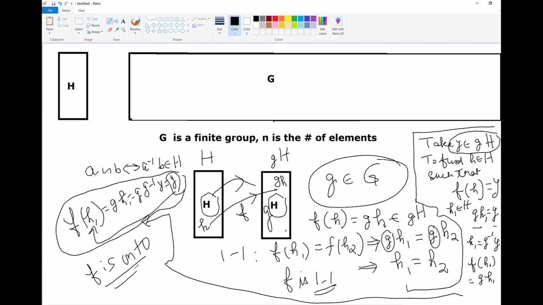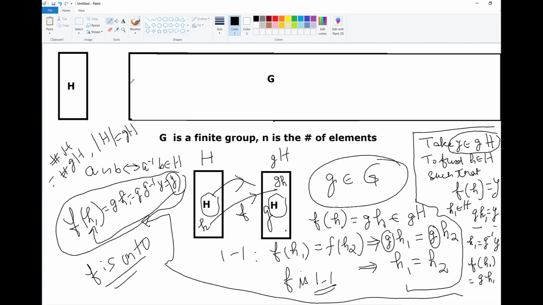Okay, so what we have is that we can see that number of elements in H is equal to number of elements in gH, and as a notation we will express it by this. All right, so this is what we saw, that any two left cosets have the same number of elements, and these left cosets are the equivalence classes, so they are going to be disjoint. So disjoint means what?